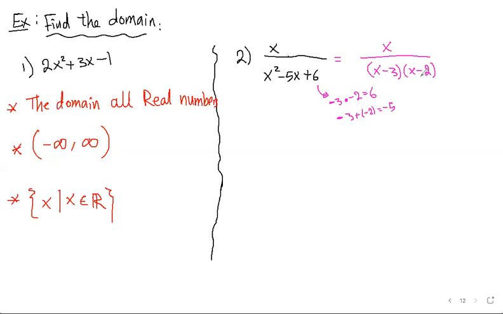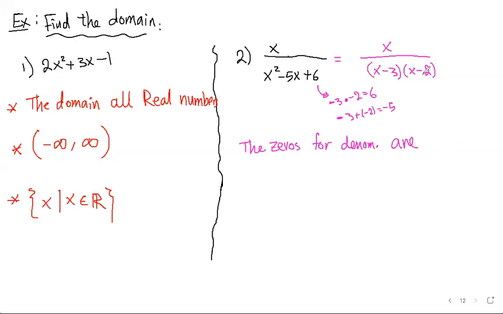Now I'm looking for the zeros of the denominator. What numbers, if I plug them down here, give me 0? What are they?